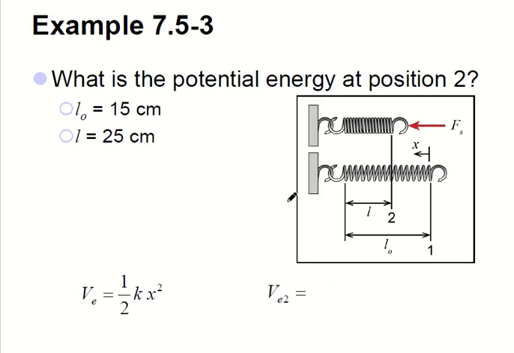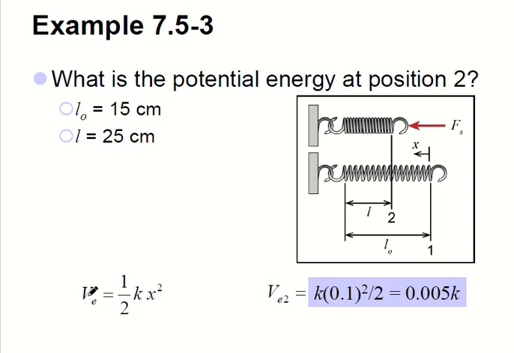So what's the potential energy at position 2? When you look at position 2 in this example, it is compression. We compress it, and your main force is going that direction. Of course, your original L is going to be 15, and you're going to compress it. One moment, this guy is supposed to be 25, and this one is 15. Yes, so change it in your handout.